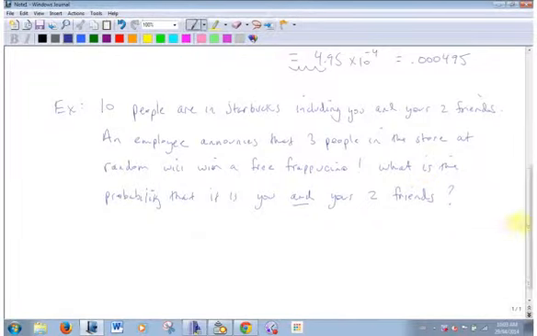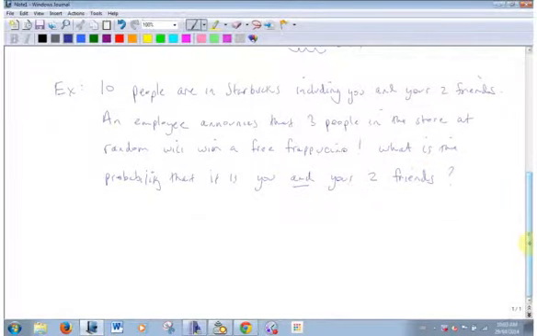Okay, so there's a 3 in 10 chance it's any one person in there, but it's going to be a little less probable that you and your 2 friends are chosen. All 3 of you, people might think it's fixed, right? It's rigged. Like, what's the likelihood that's going to happen? Pretty small. Let's find out.